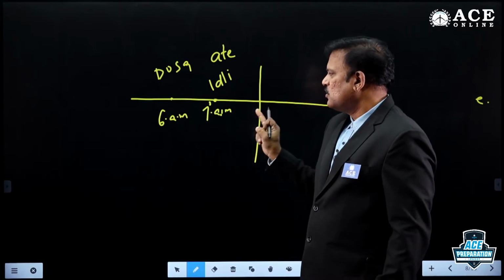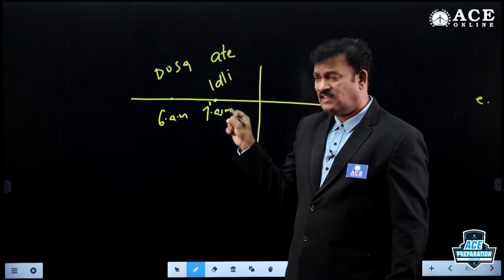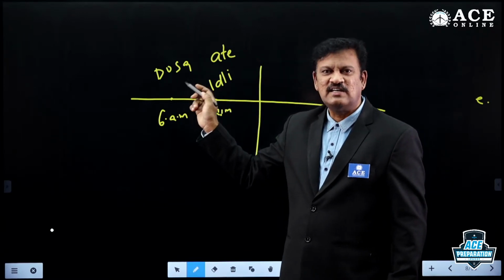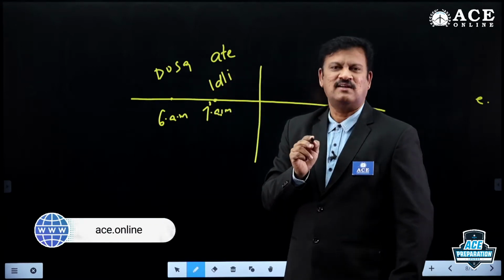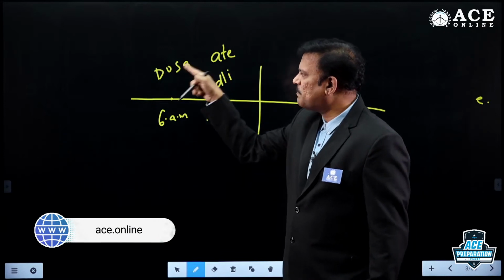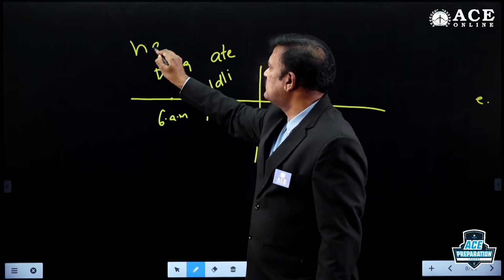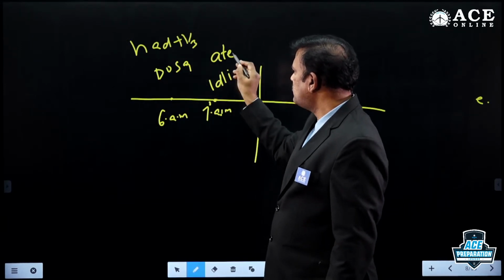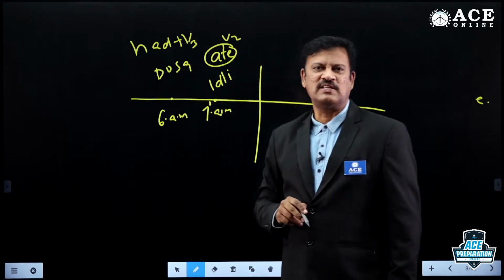Check it out. You remember this. This is past. Idli is past, was in this situation, and dosa is past to the past. If you want to express one action which is past to the past, blindly remember that it should be in this format. All persons can go with V2. All persons can take had plus V3.